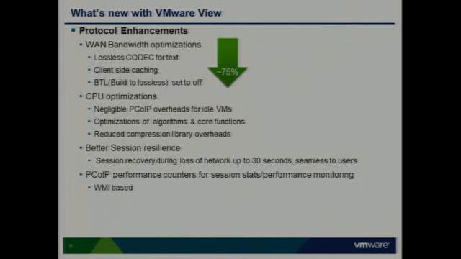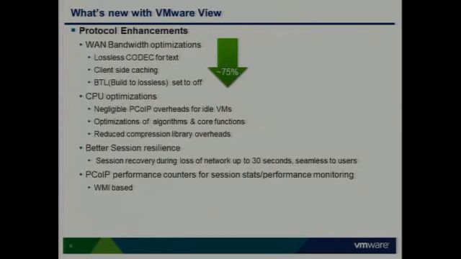Another thing to keep track of is the performance counters that are being exposed by PCoIP. These are per-session counters that you can hook into the WMI-based framework that is exposed, so that you can, at a high level, keep track of the health of all your users, not only on the client side, but on the network side as well.